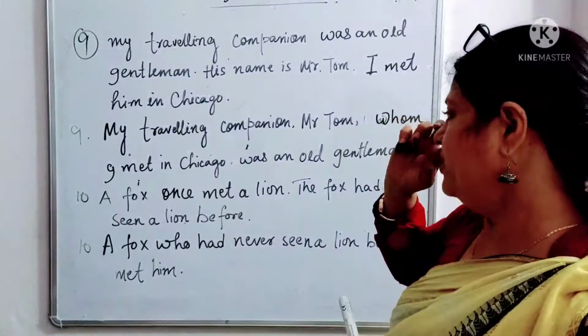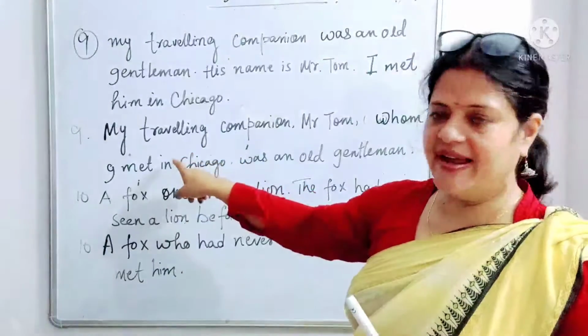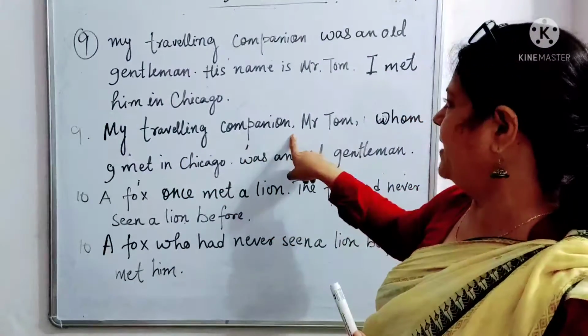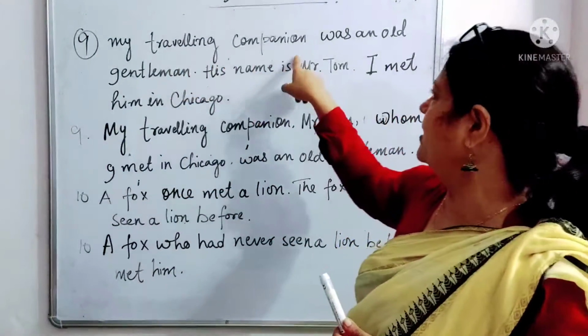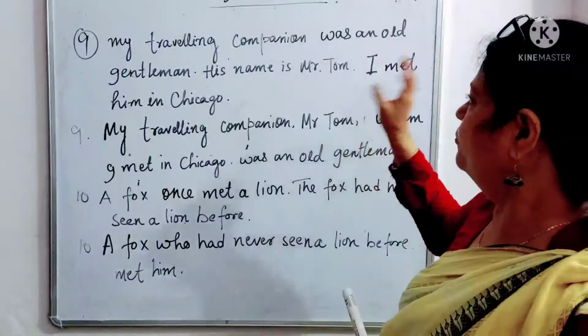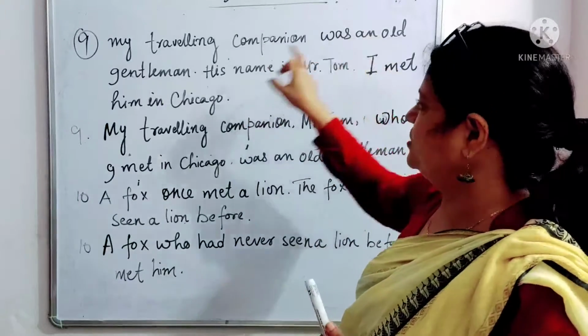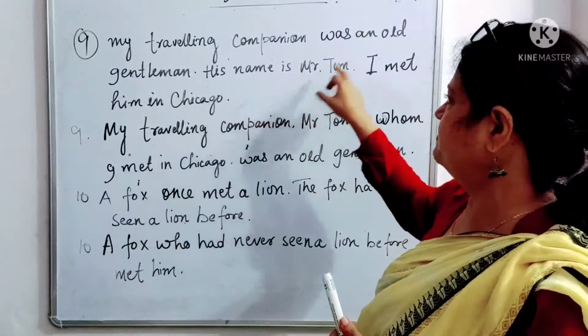Okay. So what will we do? My traveling companion, I have added it like this. My traveling companion, Mr. Tom. So what I did is, my traveling companion was an old gentleman. His name is Mr. Tom.